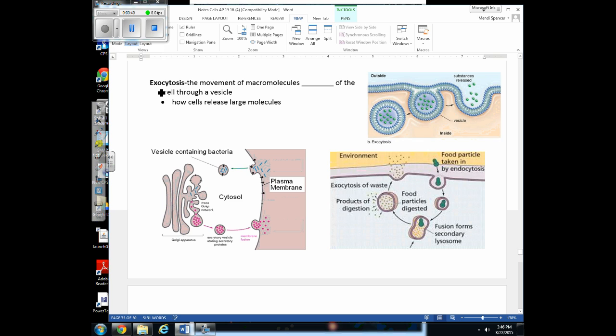And you can probably guess that when we're talking about exocytosis, we're talking about the movement of substances, large substances, macromolecules, out of the cell. An example of a molecule that would be released through exocytosis would be a protein hormone.